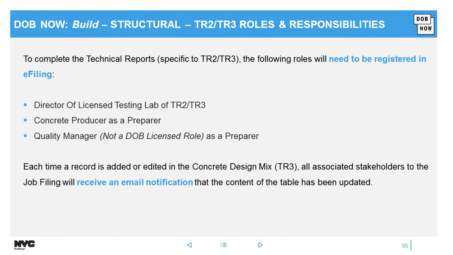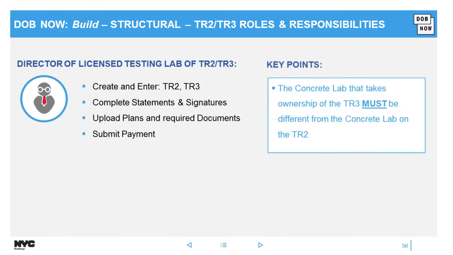Now, as we get into structural and the concrete work, there are 3 new roles which probably didn't use e-filing before, which is the director of the licensed testing lab of both forms, the concrete producer, and the quality manager. So you have to get the word out that they have to register in e-filing before they get associated to a job or try to log in.